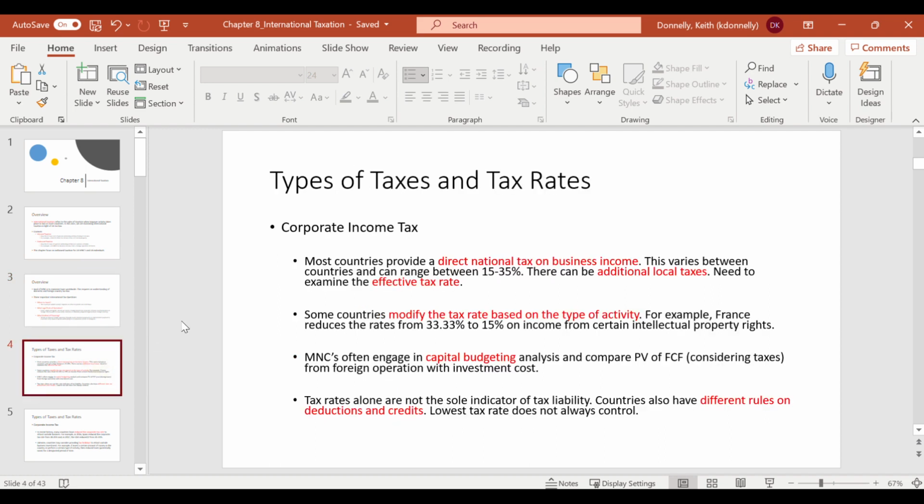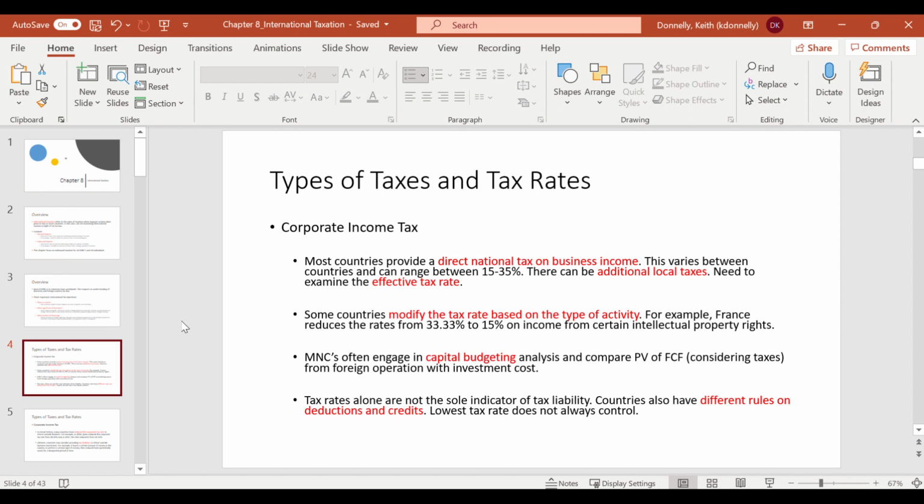So with regard to corporate income taxes, most countries provide a direct national tax on business income, somewhere between 15 and 35%. There can also be additional local taxes. So it's kind of like in the United States, you pay federal income tax, but then you also pay state income tax.